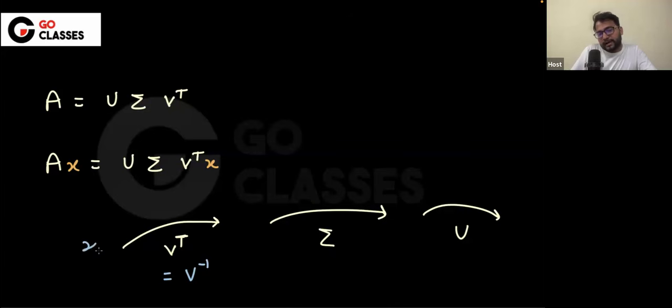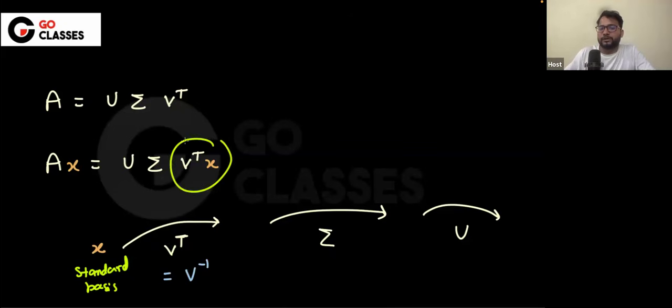You might remember what this V inverse does. If X is a vector which is in the standard basis, what will V inverse X, or V transpose X, do?